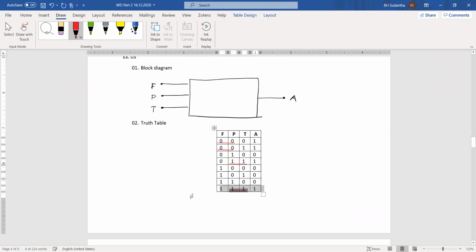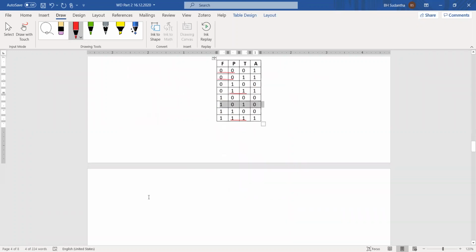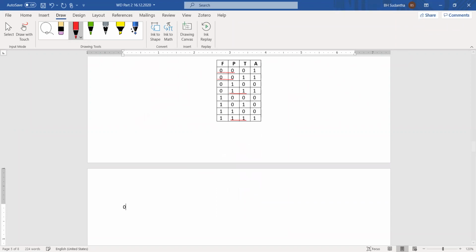Okay. Now we have to convert this into an equation. You can write the Boolean output equation.